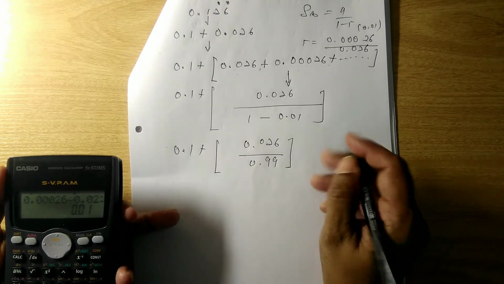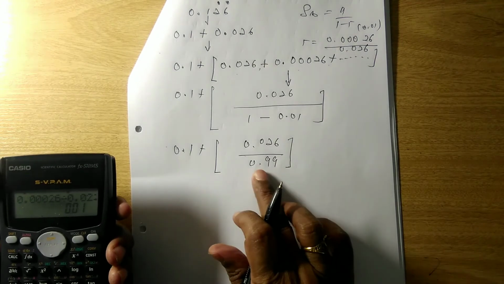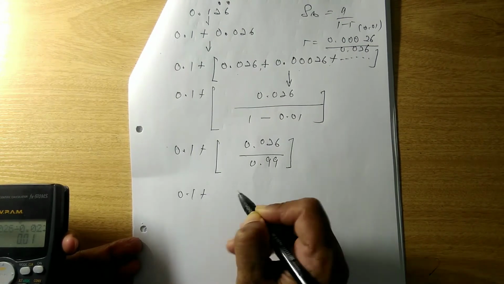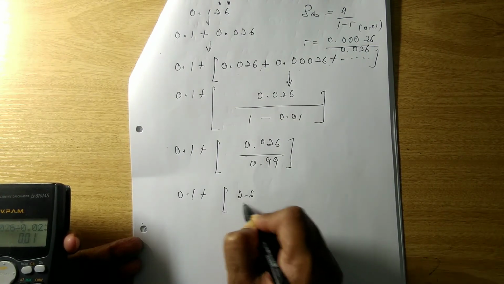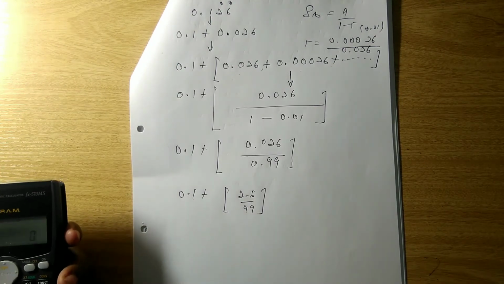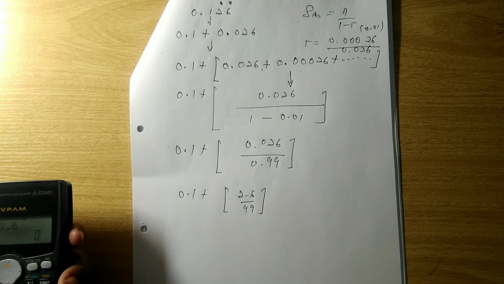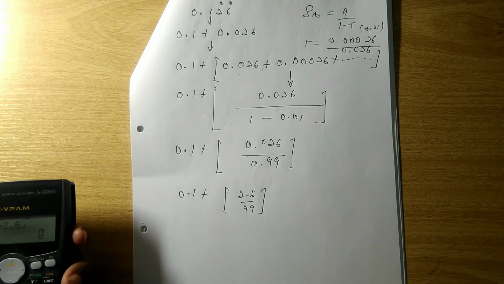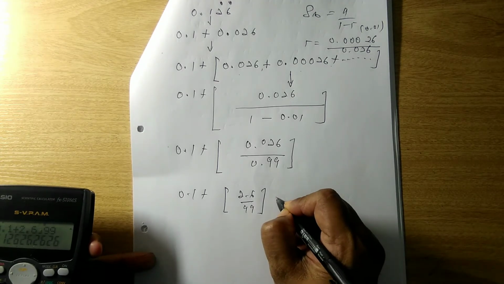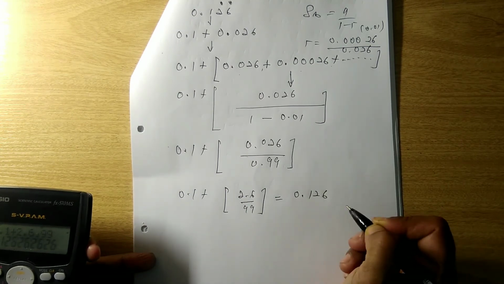Okay. Alright, so what we'll actually get is 0.1 plus 2.6 over 99. That gives you about, I use decimal, 0.126.